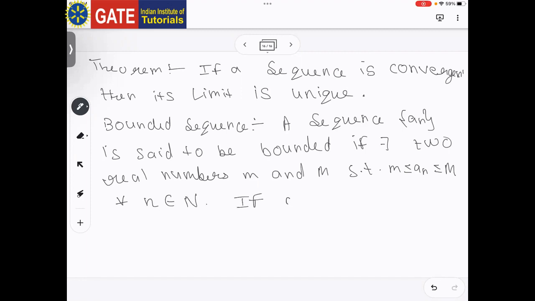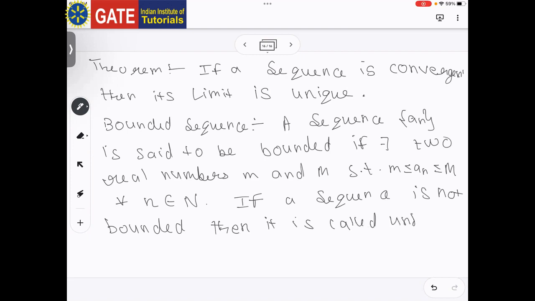If a sequence is not bounded, then it is called an unbounded sequence.